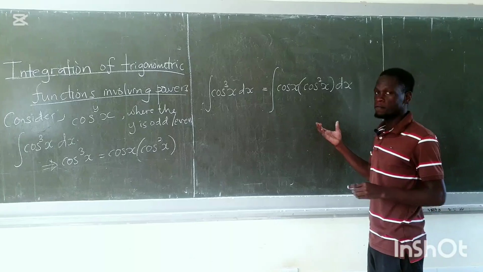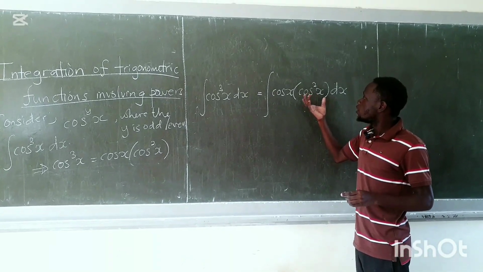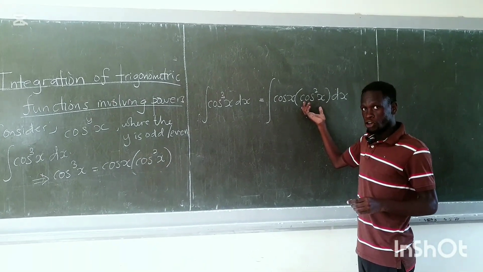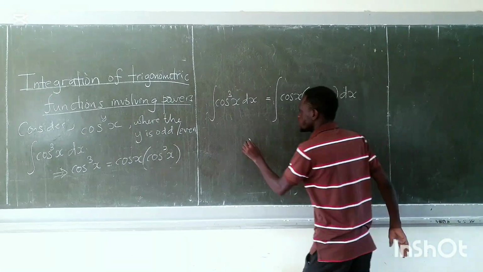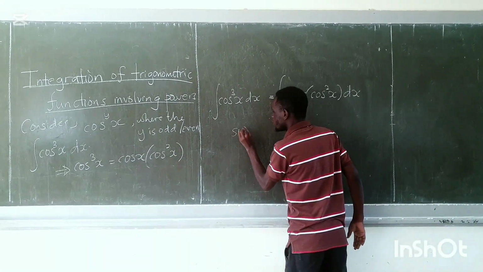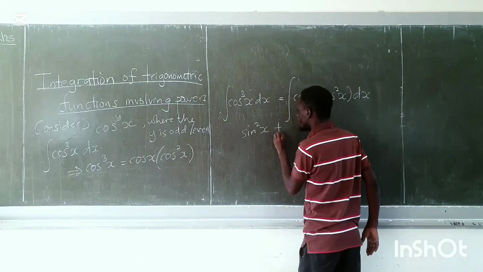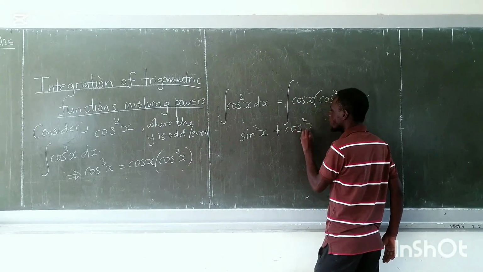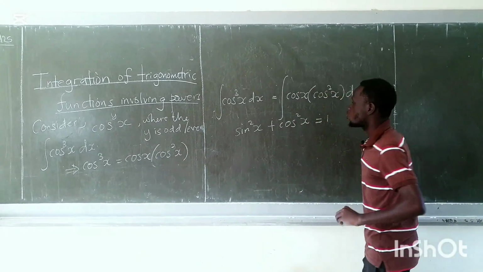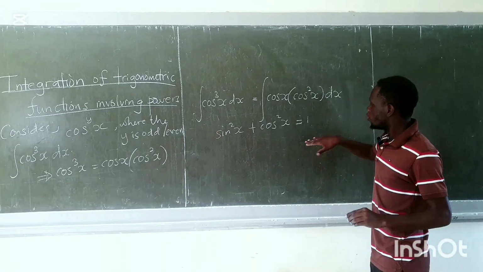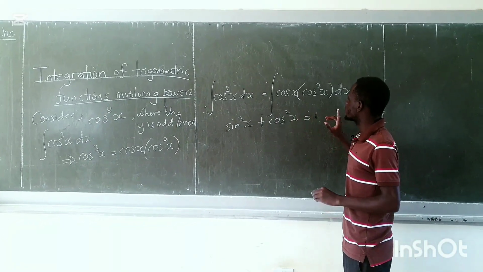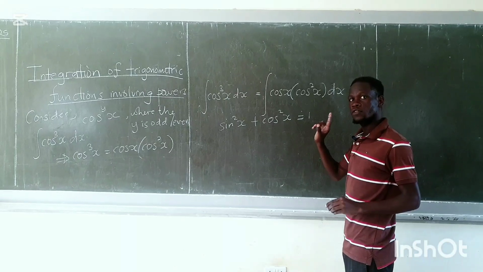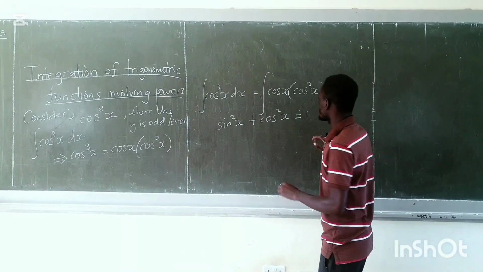Using the knowledge of trigonometry, I know that sin^2 x plus cos^2 x is equivalent to 1. So, if I play with algebra, I realize that cos^2 x would be the same as 1 minus sin^2 x.